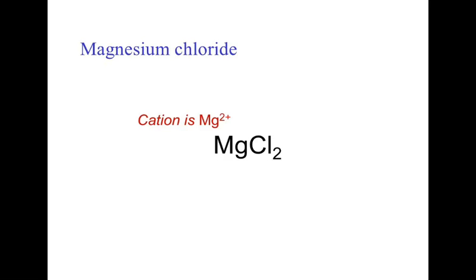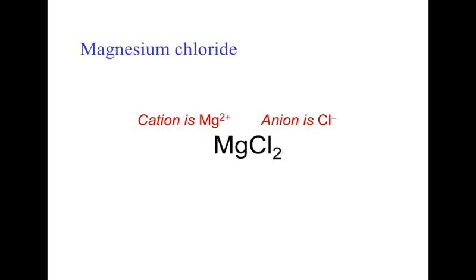The last one I want to show you is joining magnesium with chlorine. If you look for magnesium on your periodic table, and you're going to need a periodic table handy, you'll find it in 2A, so it's a +2 charge. Chlorine, of course, is 7A. It's a -1 charge.